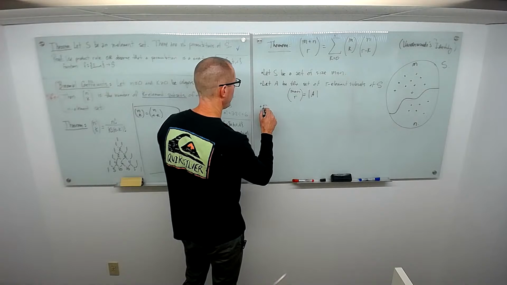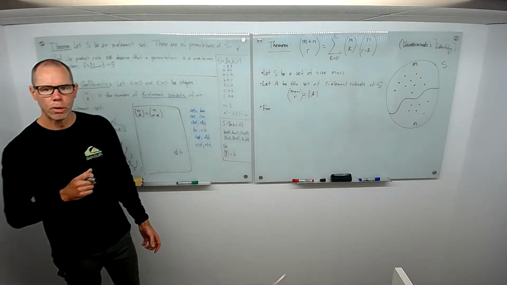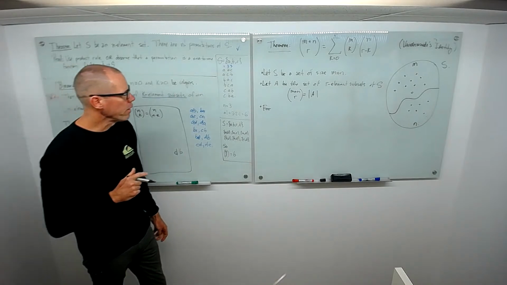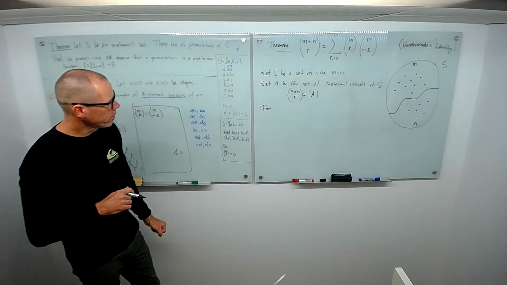And now we're going to do the same strategy we used for Pascal's identity, but just a little bit more detailed.